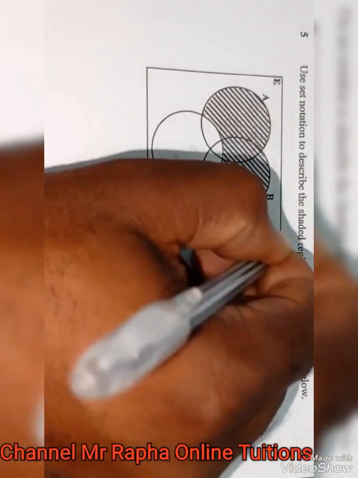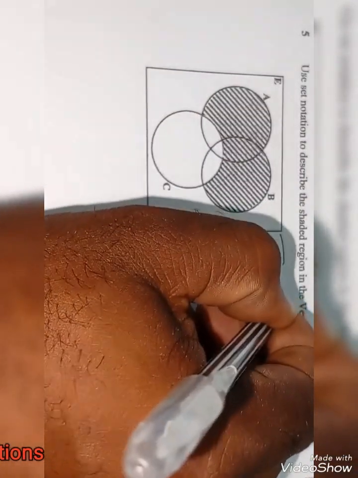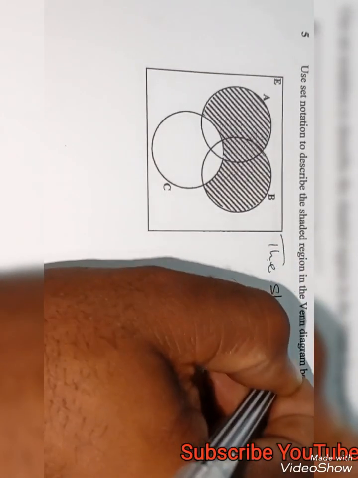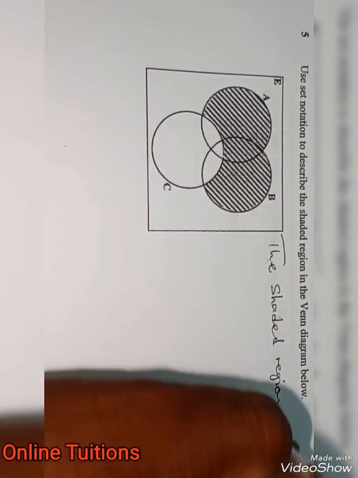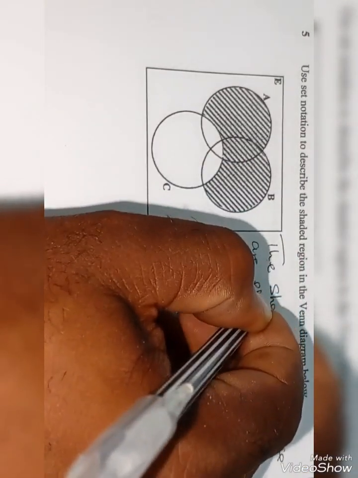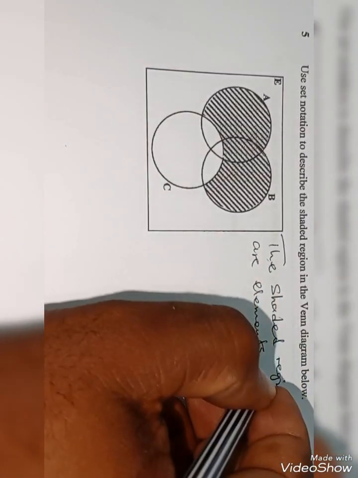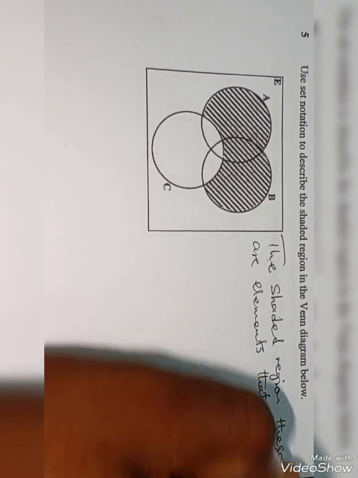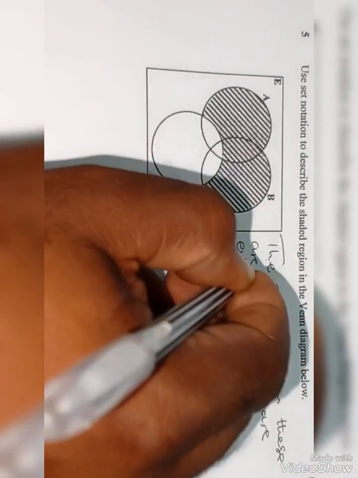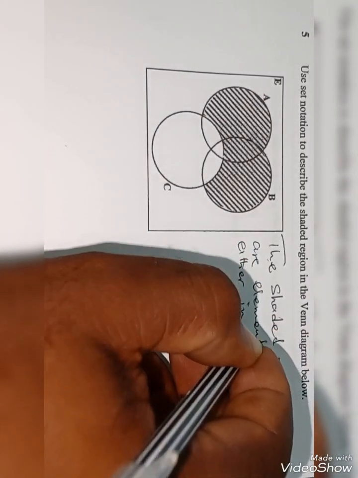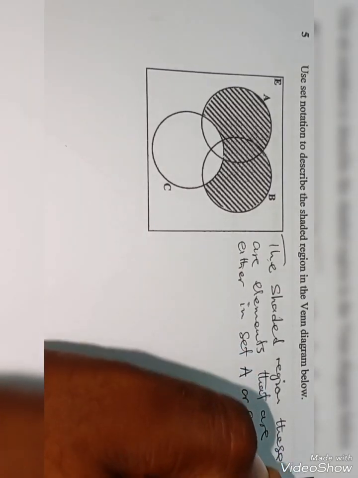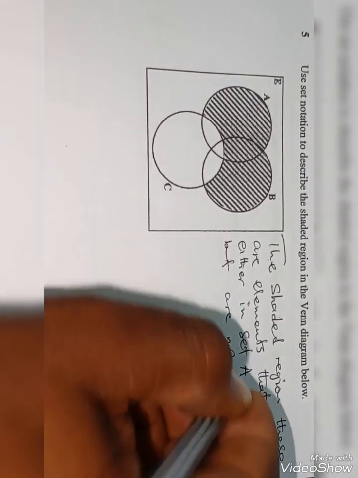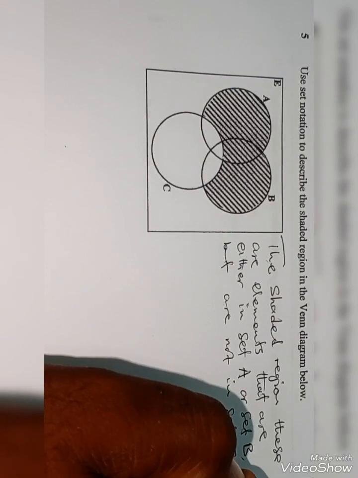The shaded region, these are elements or members that are either in set A or set B, but are not in set C.